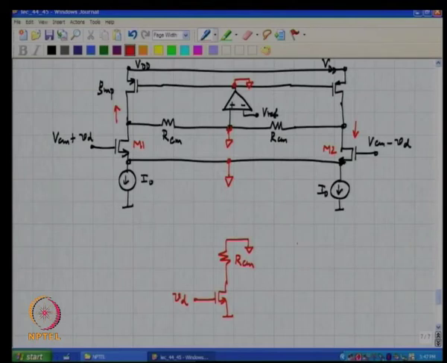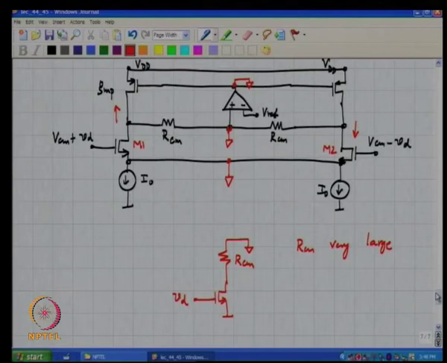You want to choose RCM to be very large, okay, and as I said, the reason why you want to choose RCM to be very large is because even though RCM does not appear in the common mode equivalent, it loads the differential mode part of the circuit, causing the differential mode gain to become small.